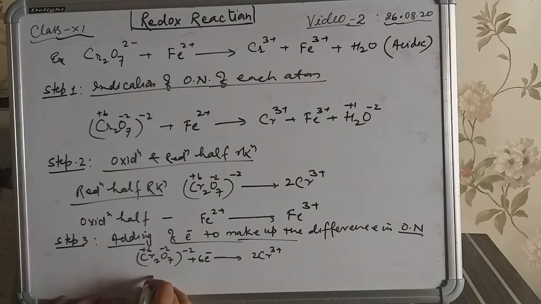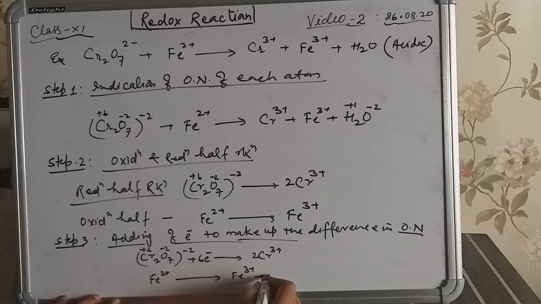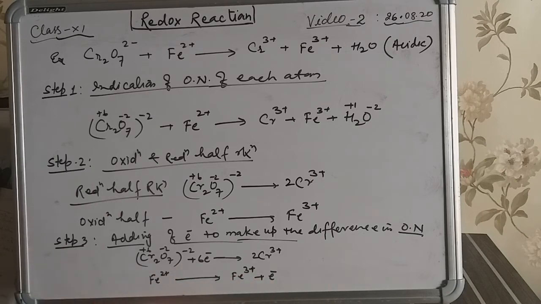In the case of Fe2 plus changing into Fe3 plus, one electron is written on this side so that the electrons become equal.